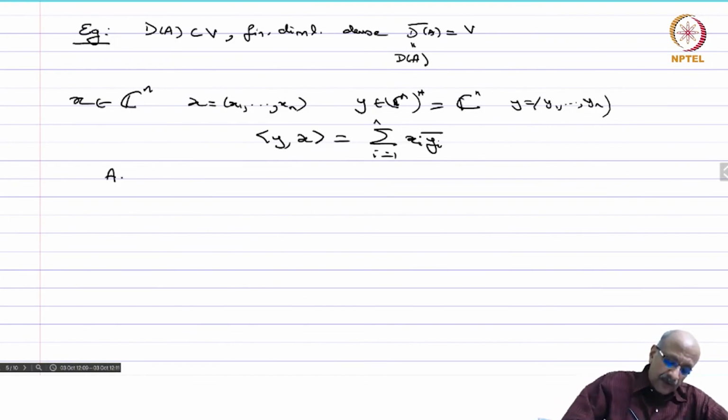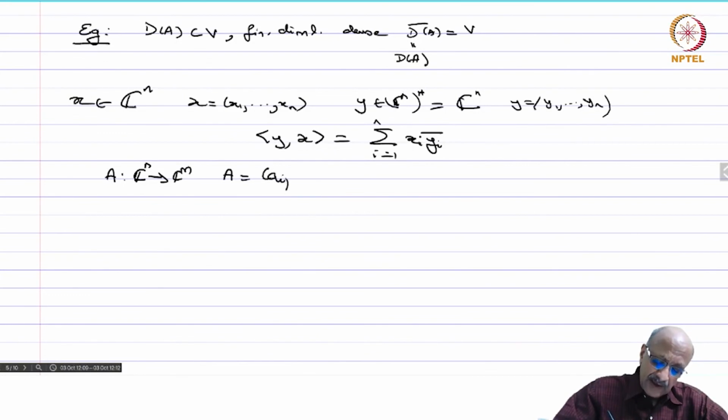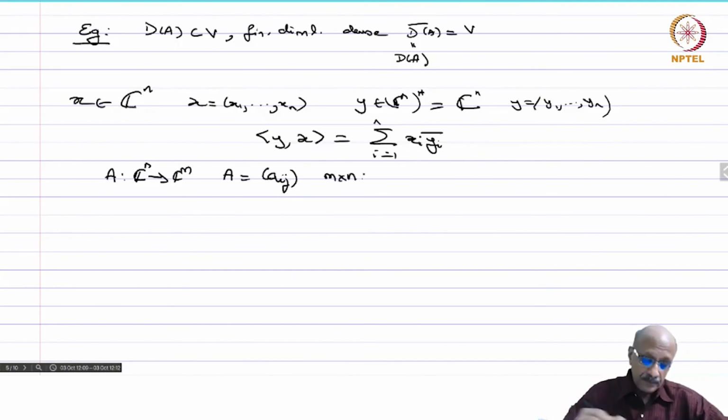Now let A from C n to C m be a linear transformation. Then A will be represented by some matrix Aij, which is an m by n matrix, m rows, n columns. C n to C m is an m by n matrix.